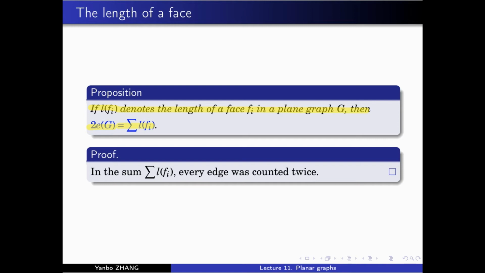The proof is simple. Because in the sum sigma LFi, every edge was counted twice. We will use this proposition later.